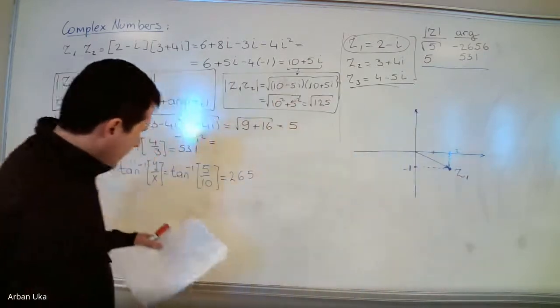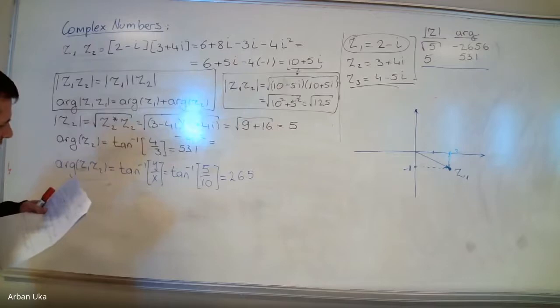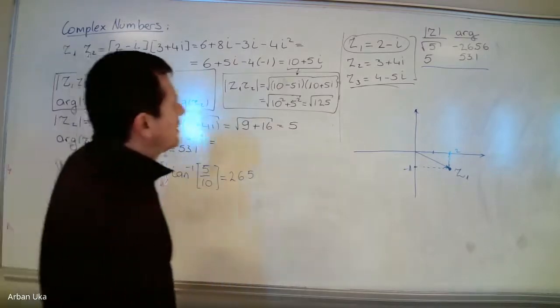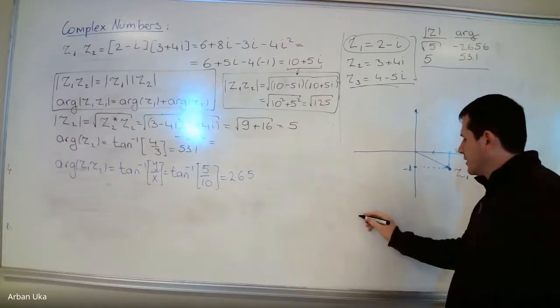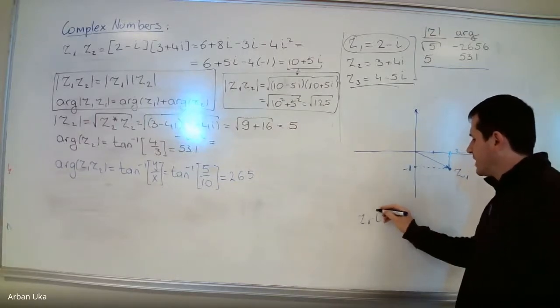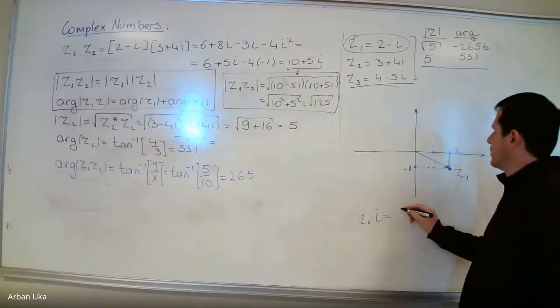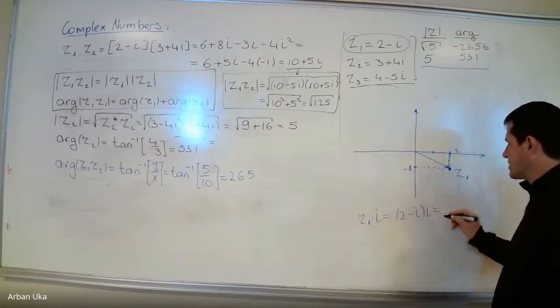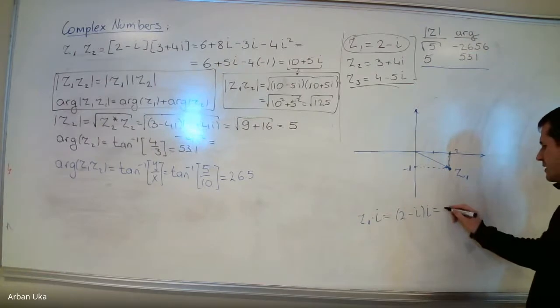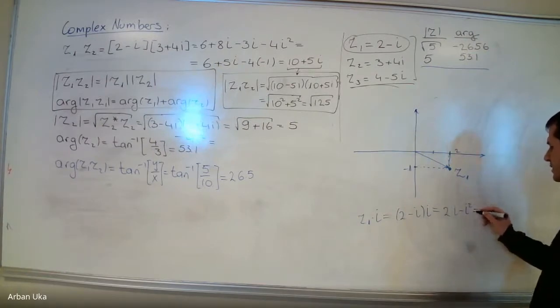So this is z1. Now let's multiply z1 by i. So what is z1 times i? This is equal to 2 minus i times i. What is this? This is 2i minus i squared, right?